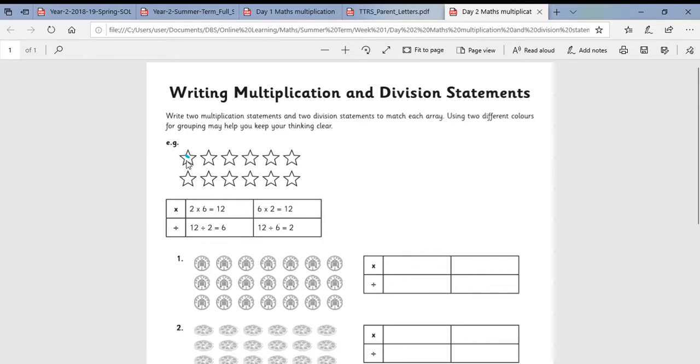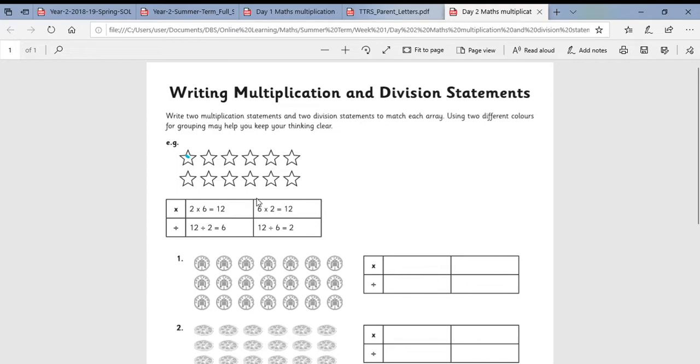So it's the same as saying, if I share 12 equally into 2 groups, I end up with 6 in each group. The other way of saying it is 12 divided by 6 equals 2. So that's like saying, if I share 12 into 6 groups, how many do I have in each group? And I have 2.